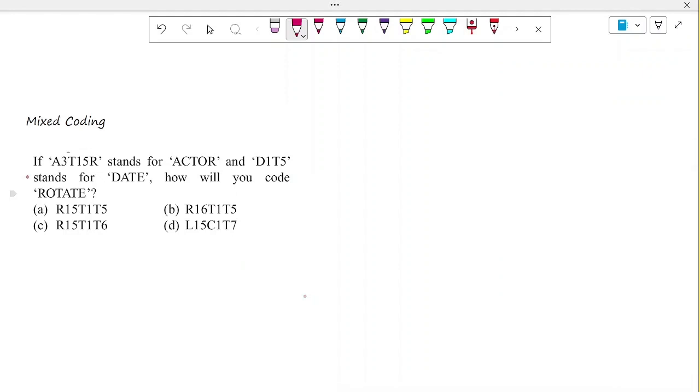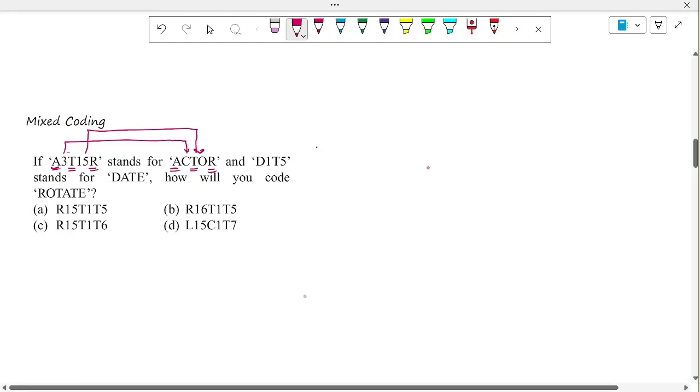I'll give you a hint. A, T and R. I got A, T and R, right? And if you observe this number 3, it is corresponding to C, number 15 corresponding to O, right?